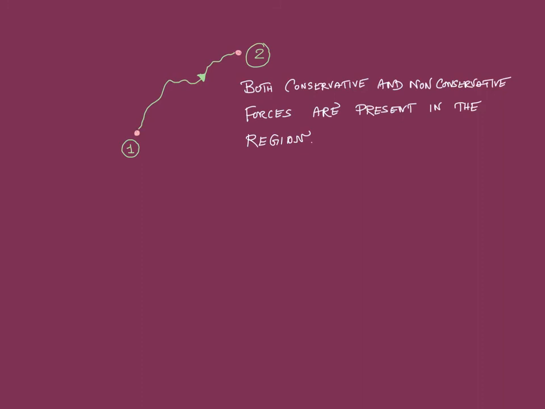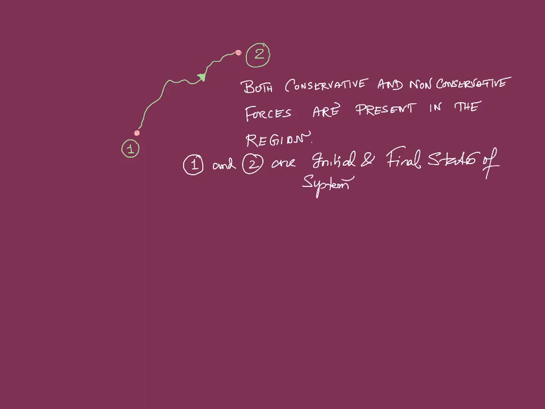So in this example, both conservative and non-conservative forces are present in this region, and 1 and 2 are the initial and the final states of the system, or any two states of the system. You can say the particle or the body is taken from point 1 to point 2.